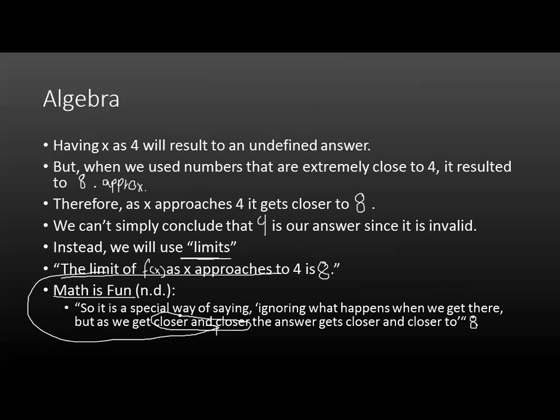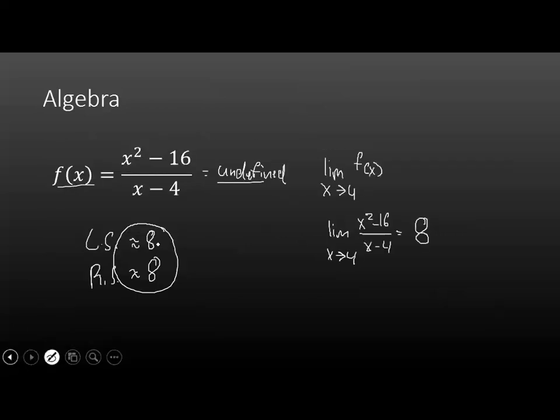Okay, so that is about limits. Limit is not about what is the exact answer when we substitute this or that. No. Limits is about, as we get closer and closer, at what value is it approaching? You get me? Just like this one. I don't care if I substitute 4 here, that would result in undefined.